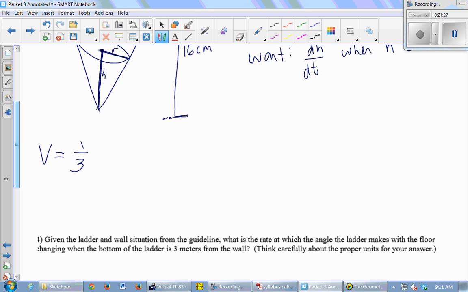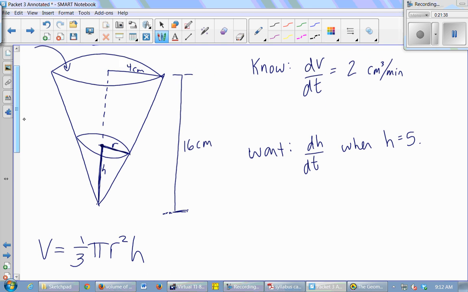Let's look it up. Volume of a cone is 1/3 pi r squared h. But r is not one of my important variables. My important variables come from the stuff I know and the stuff I want, right? So V is important and h is important. I've got an extra variable in my equation there, r. So what I'd like to do is have volume as just a function of h.